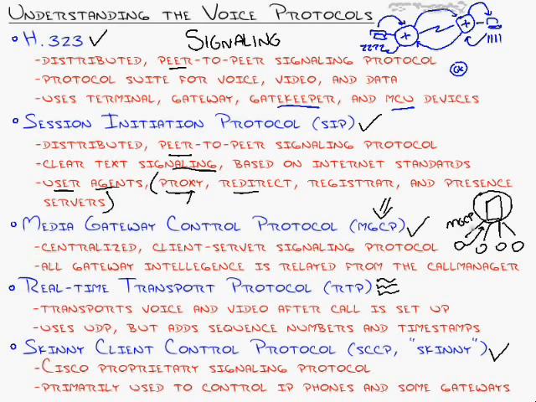So an organization that's huge, has a lot of different routers, a lot of different devices, would definitely prefer MGCP in a lot of cases because the devices themselves don't have to be configured with too much configuration. They can all manage it from a central entity. All gateway intelligence is relayed from the call manager or call agent that is set up. So very, very centralized, very central configuration oriented is MGCP.